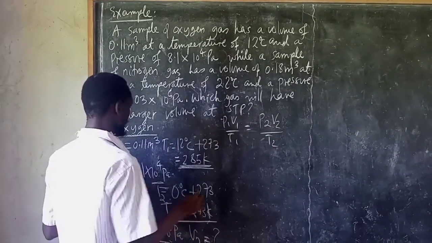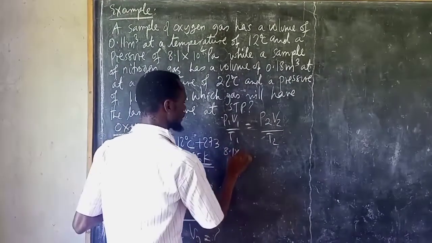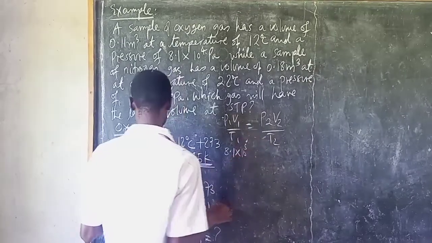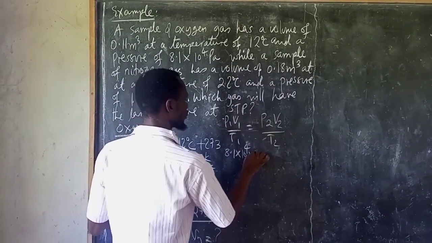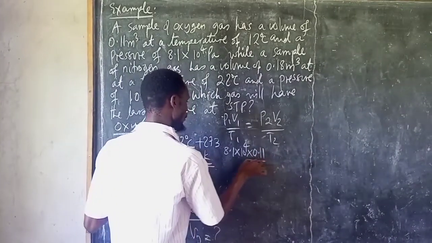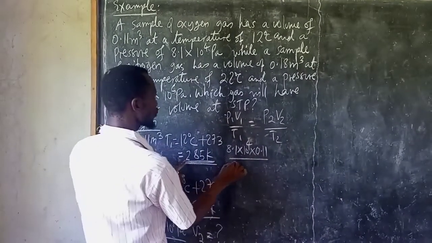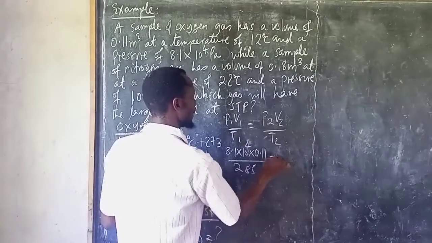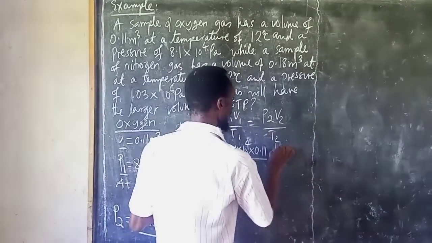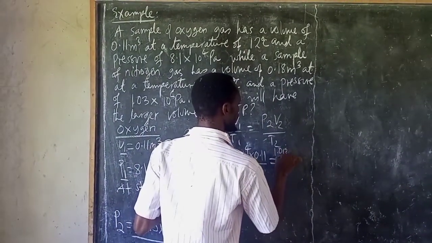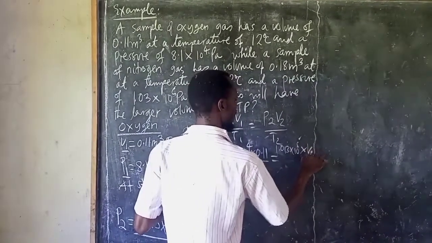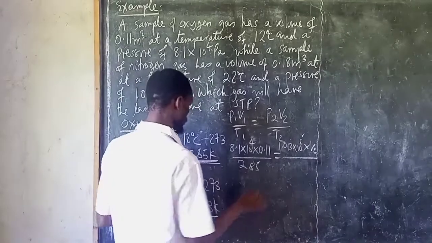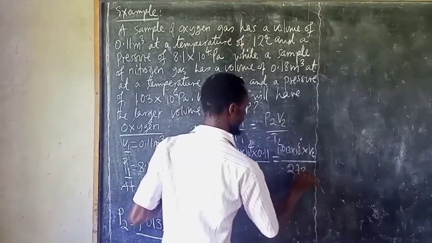Now P1 is 8.1 times 10 raised to power 4, times V1 which is 0.11, over T1 which is 285. Remember, P2 is 1.013 times 10 power 5, times V2 which is absent, over T2 which is 273.